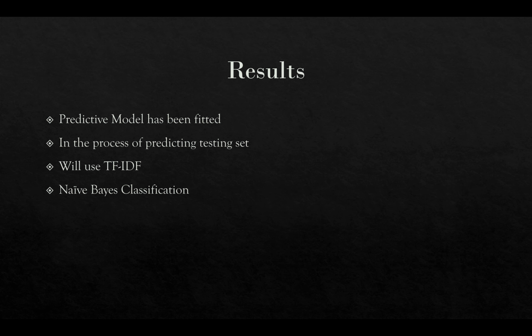It's another method to create a matrix with weights. It's different than the bag of words method, where it creates numerical values that measure the relevancy of the word by multiplying two different metrics: how many times a word appears in the document, and the frequency of the word across the documents. So it's a little different than bag of words, and I'm curious to see how that will affect the accuracy.